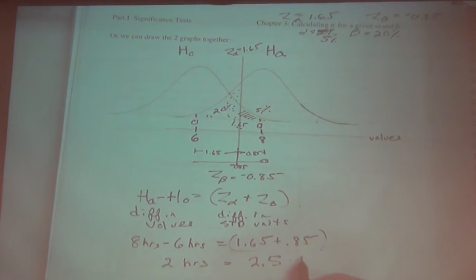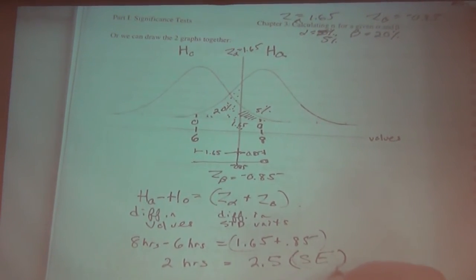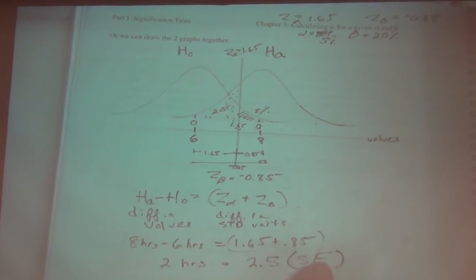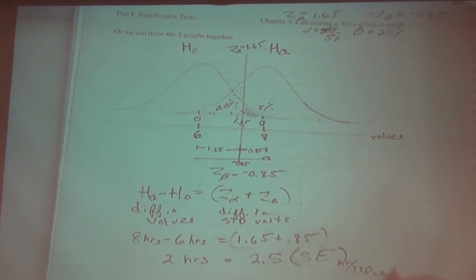Well, that's what the standard error does. This is like a conversion factor. This tells us how many hours are in each standard unit. So in this case, how many hours per standard unit, per z-score.